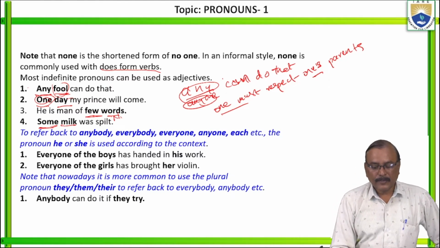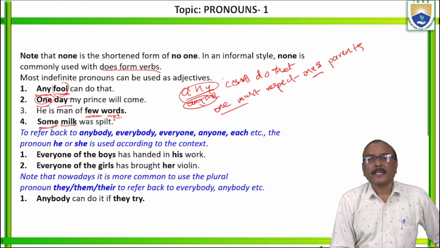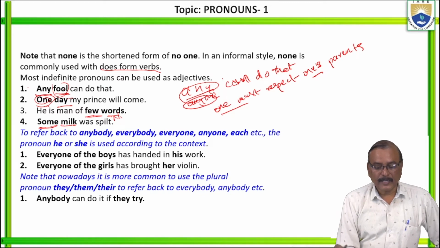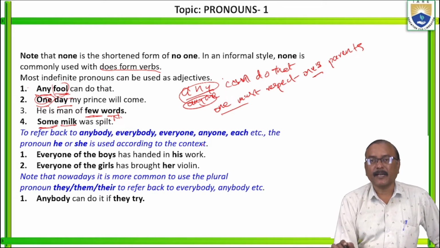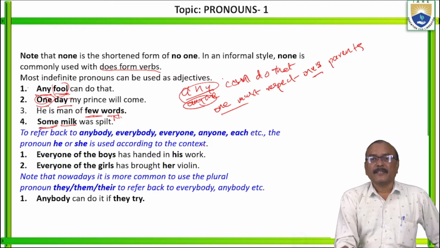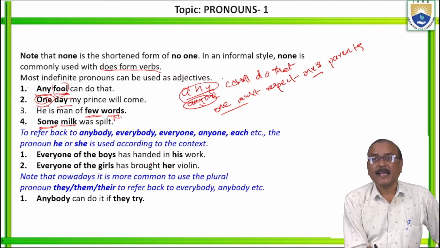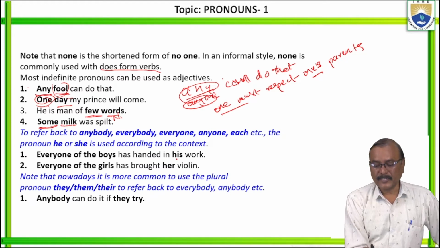Next, for words that refer back to anybody, everybody, everyone, anyone, each, etc., the pronoun he or she is used according to the context. So here you say, every one of the boys has handed in his work.